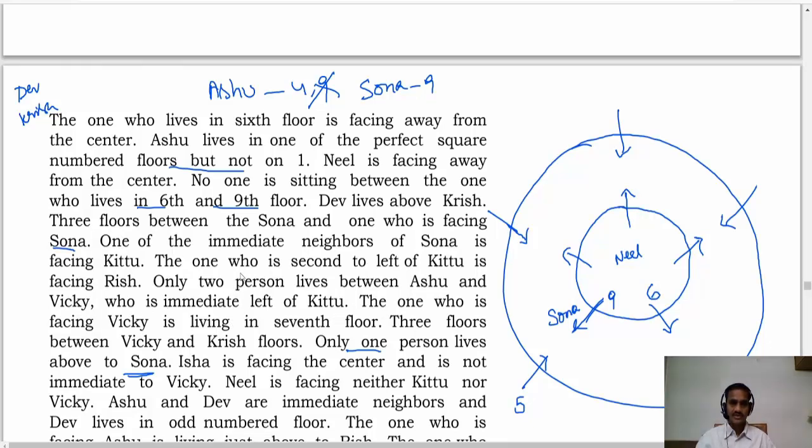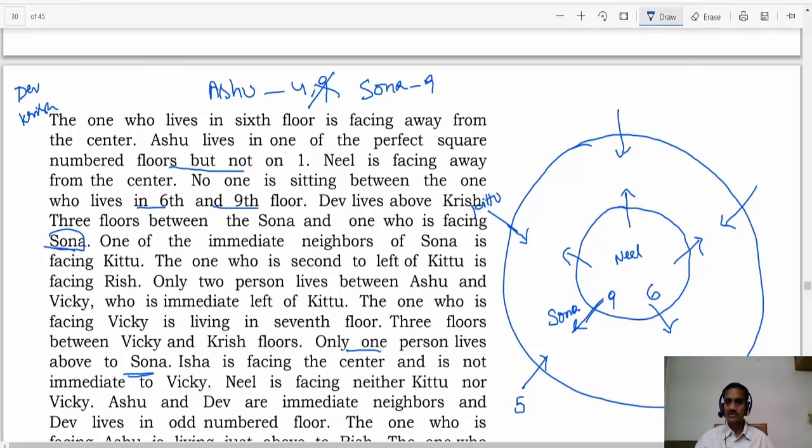There are 3 floors between Sona and the one who is facing Sona. And one of the immediate neighbors of Sona is facing Kittu. So Kittu can be here or here. How many possibilities do we have for Kittu? 2 possibilities, since it is one of the immediate neighbors of Sona. Hence Kittu can be here or Kittu can be here.